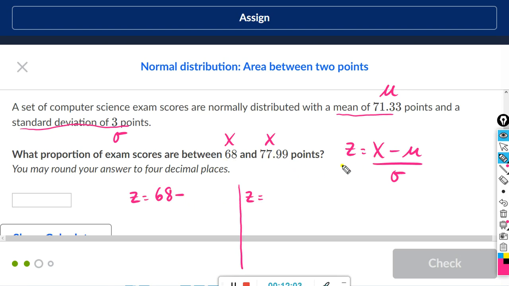And the second x is 77.99. Okay, the mean or mu is 71.33. And we are dividing by the standard deviation, sigma, that's 3.